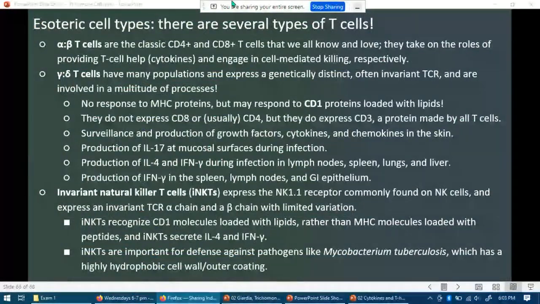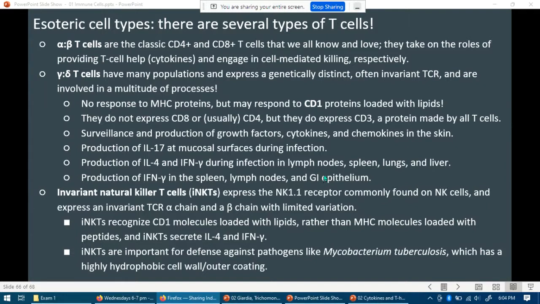Okay. For example, there's a population of gamma delta T cells that secretes IL-17 at mucosal surfaces. There's a subset that produces IL-4 and interferon gamma in the lymph nodes, the spleen, the lungs, and the liver. And there's a subset that produces interferon gamma in the spleen, lymph nodes, and the intestinal epithelium.